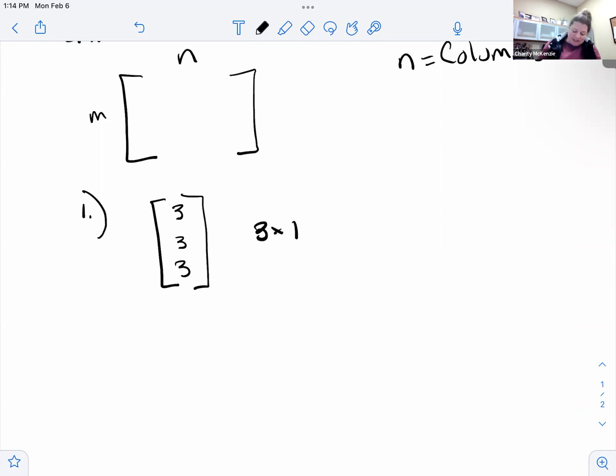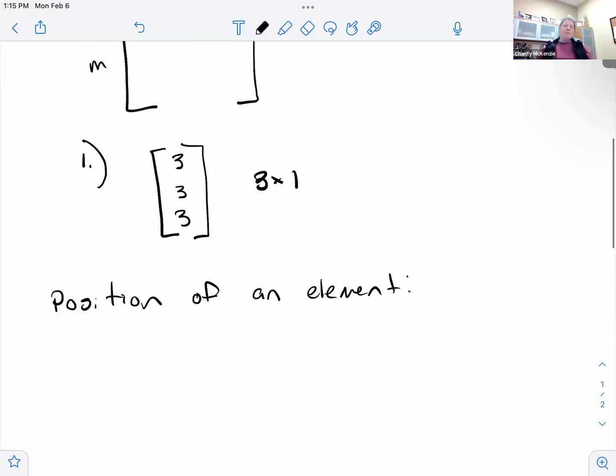What about the position of an element? Remember, an element's just one of the numbers. So the position is a double subscript, and you state the row and the column.